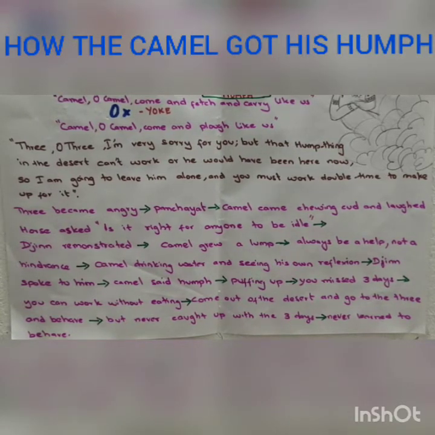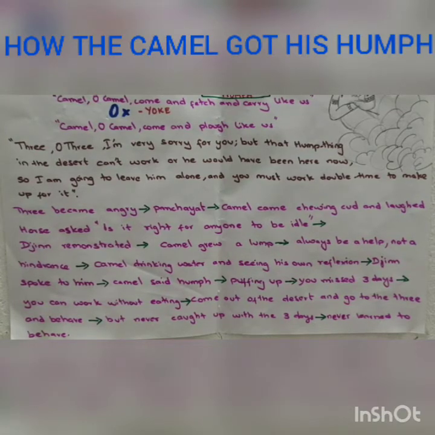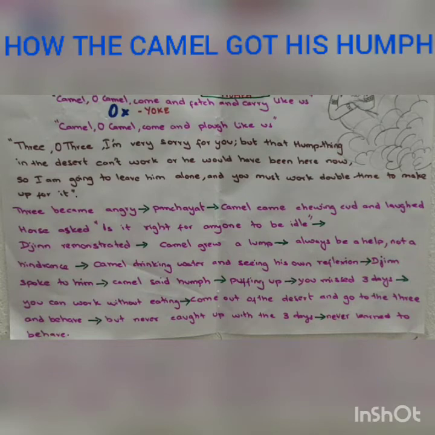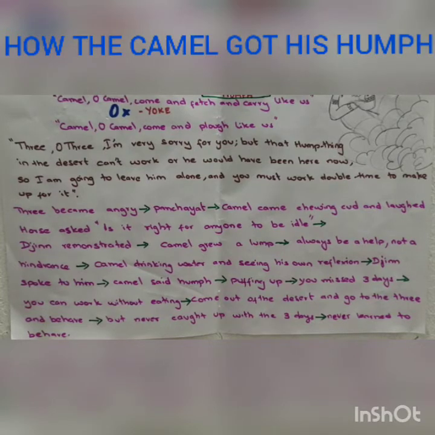That is something called a hindrance. The table is a hindrance for me. If the table is not there, I can take my pen easily. In the same way the jinn said, I will give him a lump, but that will always be of help. It will not be a hindrance. It will not stop him from doing anything in life.